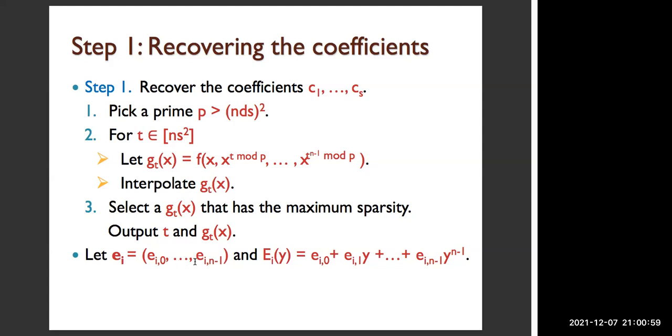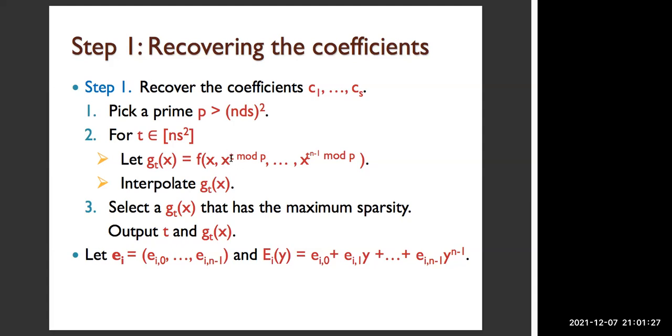And associate a univariate polynomial with this exponent vector. Let's call it capital E_i. What is this univariate polynomial? It is defined like this: e_i0 plus e_i1 y all the way to e_i,n minus 1 y to the n minus 1. So I'm associating a univariate polynomial with the exponent vector. And maybe you can guess why we are doing this, because of this substitution. The substitution has this nature.